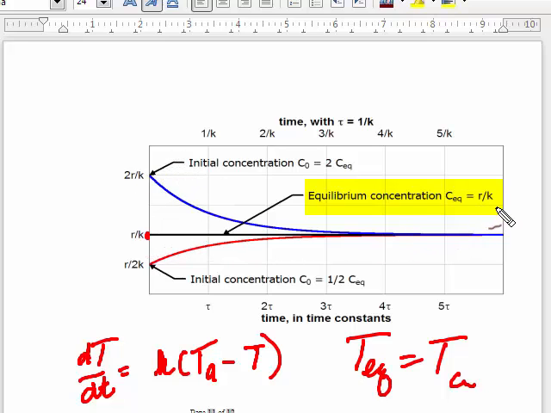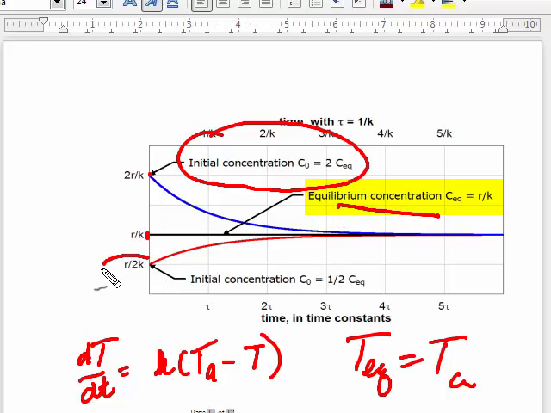Here's equilibrium at R over K. If your initial concentration was here, so you have a substance that's very highly concentrated in the blood and you start injecting it at a fairly slow rate compared to the clearance, then it will gradually, asymptotically approach the equilibrium concentration with time. If you start the solution here where you have a very low concentration, even say 0 in the blood, and you start injecting a substance, it will gradually move up and asymptotically approach the equilibrium concentration.